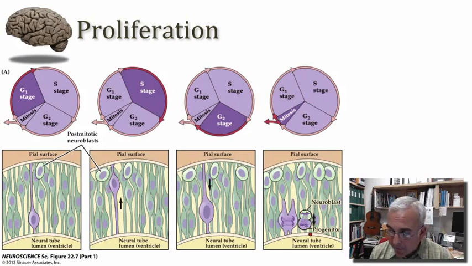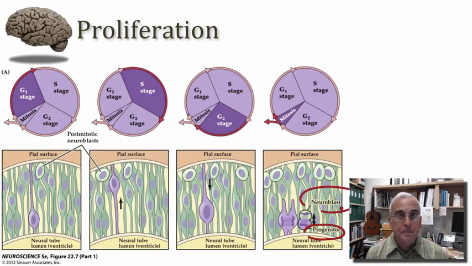One cell remains a progenitor cell, which can go on to subsequent stages of mitosis, although its mitotic potential now is somewhat limited. The other daughter cell becomes what we call a neuroblast. And this is now a post-mitotic cell that can go on to differentiate into neurons or glial cells.